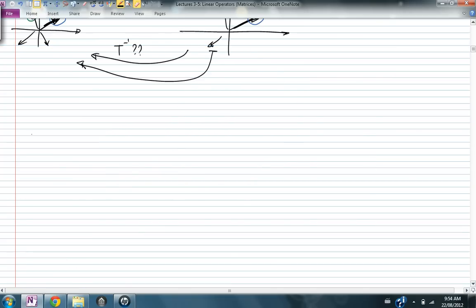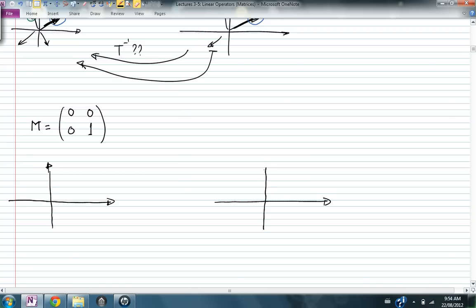Let's look at the matrix M equal to 0, 0, 0, 1, and let's see what this matrix does. Now, we know from our elementary linear algebra that this matrix is not invertible. I cannot find M minus 1. But let's understand what this actually means.